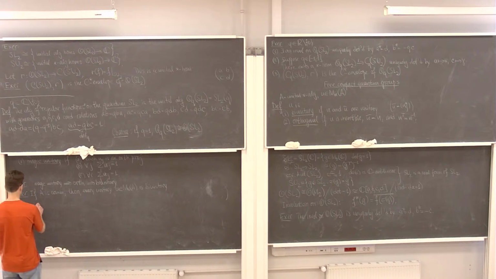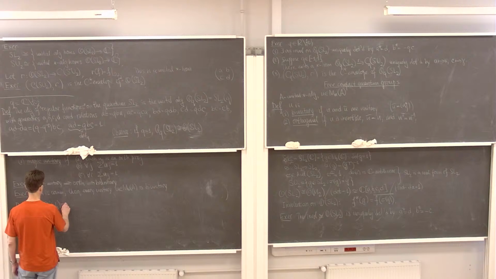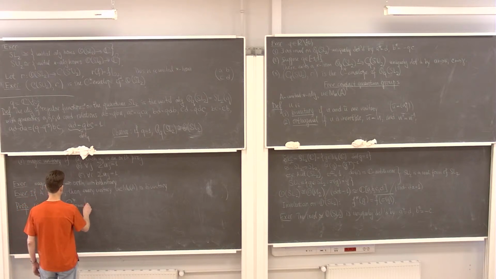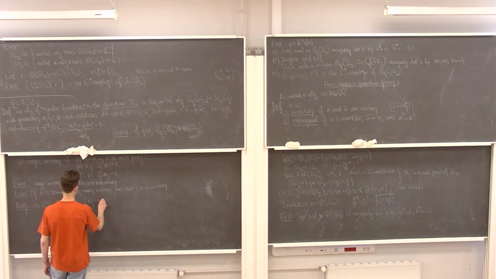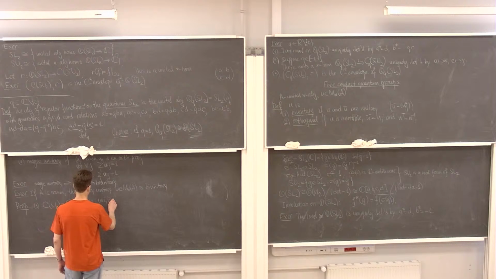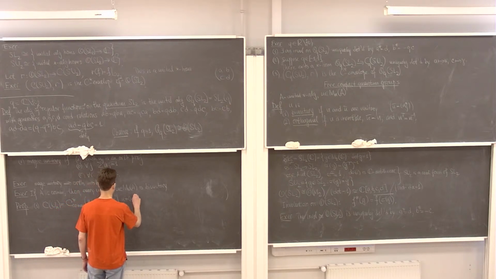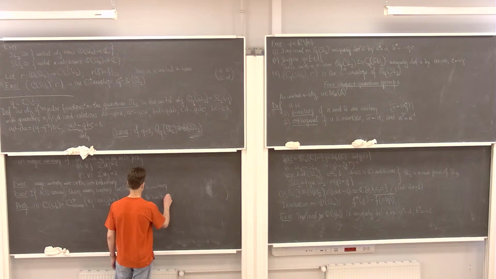More exactly, I claim that the algebra of continuous functions on the unitary group U_N is nothing but the universal commutative C-star algebra generated by the elements Uij, such that the respective matrix is biunitary, or equivalently just unitary, because the algebra is assumed to be commutative.